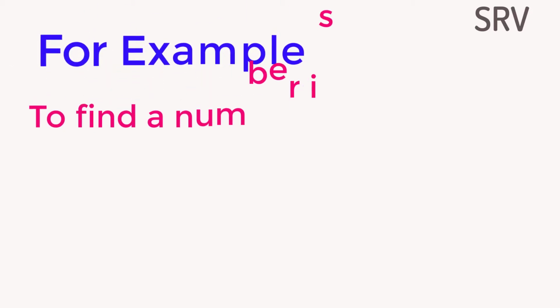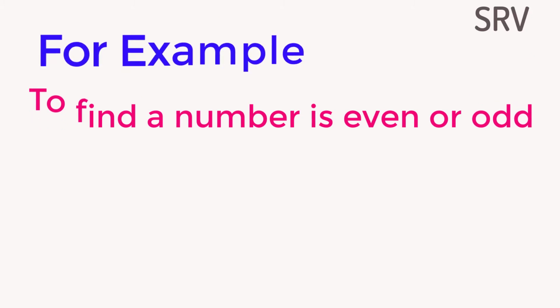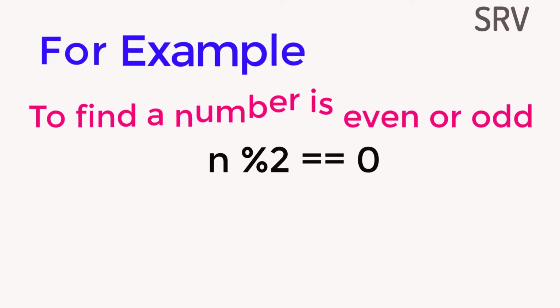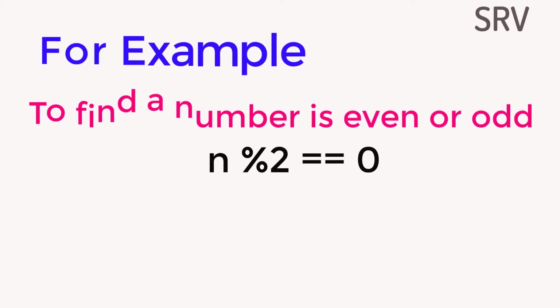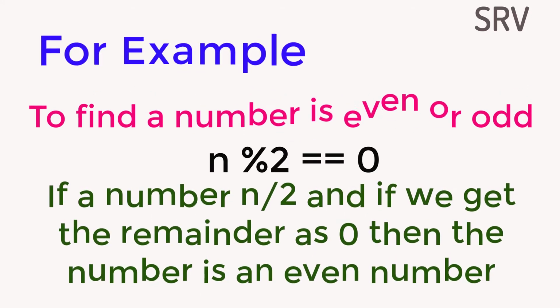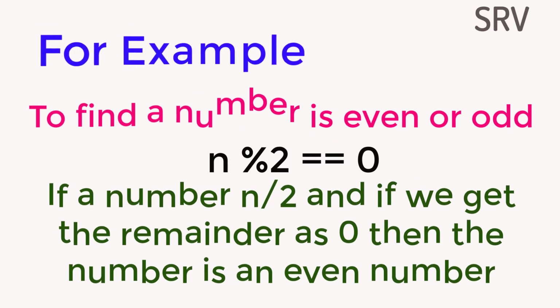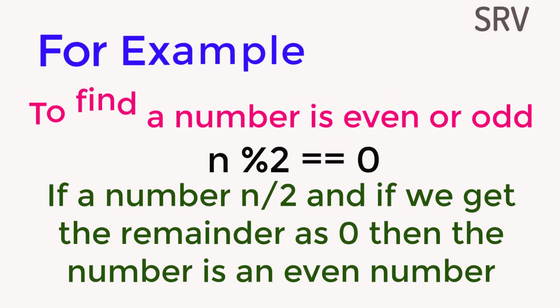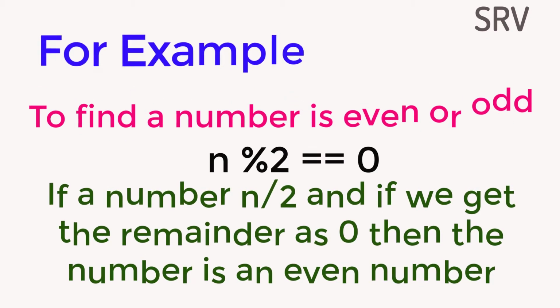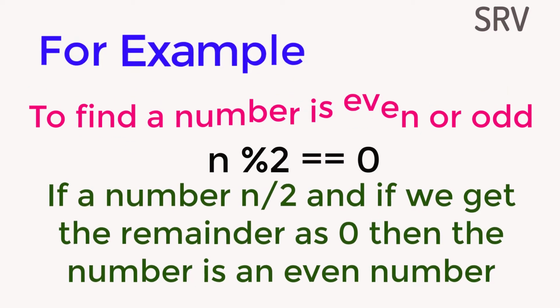For example, if you are writing a program to find whether a number is even or odd, each statement in the program will be related to the logical statement n modulus 2 is equal to 0. That is, if a number n is divided by 2, and if we get the remainder as 0, then that number is an even number. So all the statements are related to this logic. That's why it is said that they are closely related to each other.